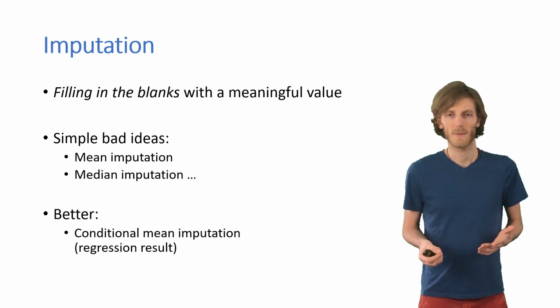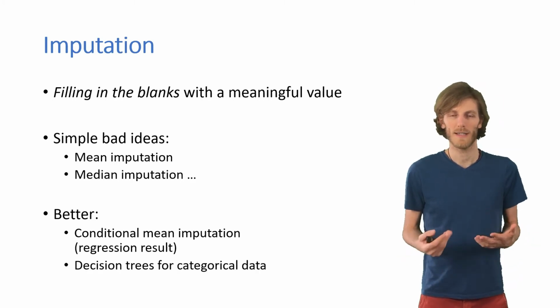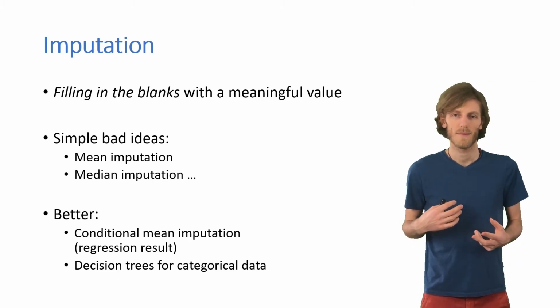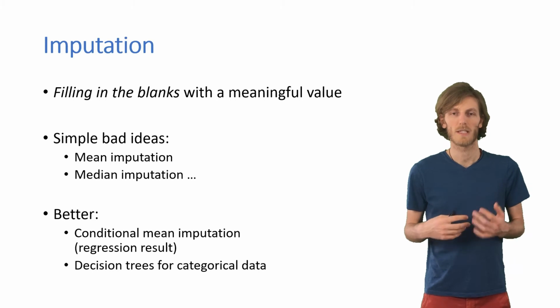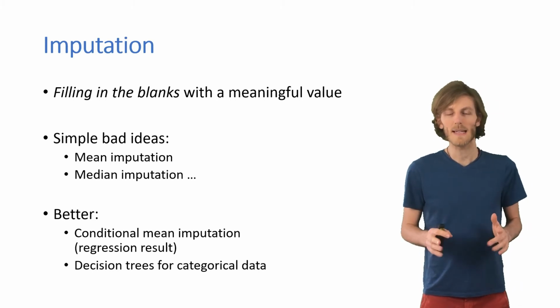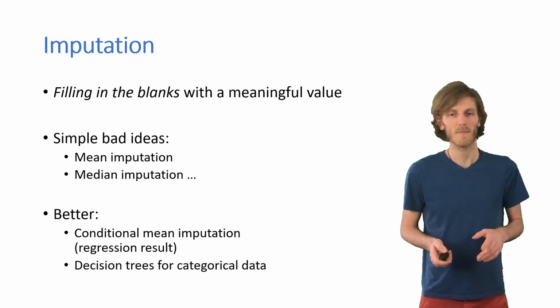There are more complicated ways, and of course for categorical data we can't use the regression, and then there are various more advanced machine learning approaches like decision trees. You don't need to understand them, you might want to use the applied functions at some point.